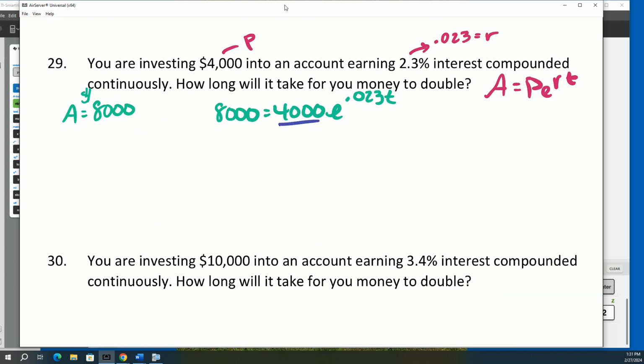All right, so just like on that last problem, the first thing we're going to do is divide. And we're going to get 2. Is that a surprise? If you're looking for it to double and you divide and you don't get 2, then something's wrong. All right, what do we do now?